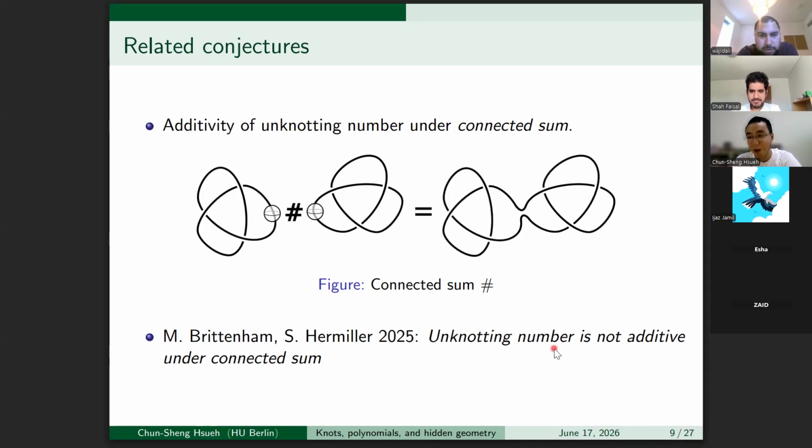One example that they found is you have two knots, both with unknotting number 3, and once you take the connected sum, they show that the unknotting number of the new knot is less than 6. But what is still open is that they don't know the unknotting number of that knot. They are just capable of showing that it's less than 6. So it's less than the sum of the individual parts.